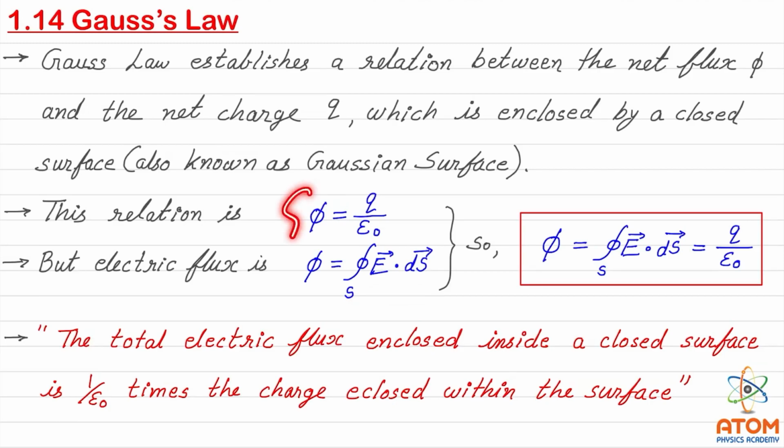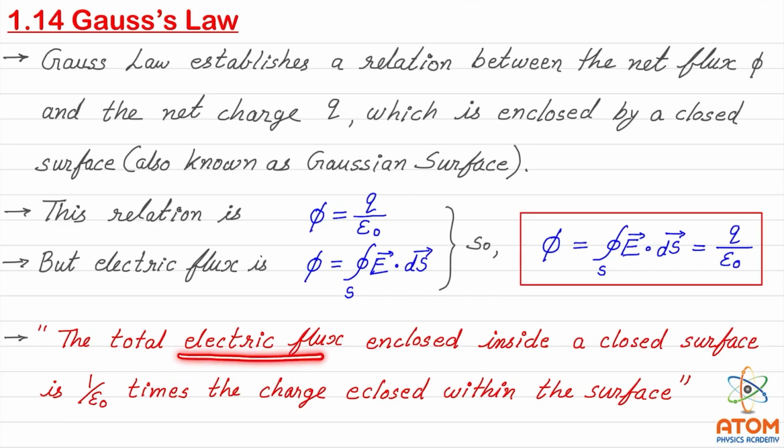So comparing these two equations, we can get flux phi is equal to closed integration E dot ds is equal to q upon epsilon 0. This part of the equation will be further very much useful. Remember this.